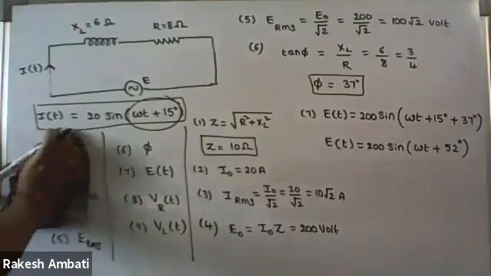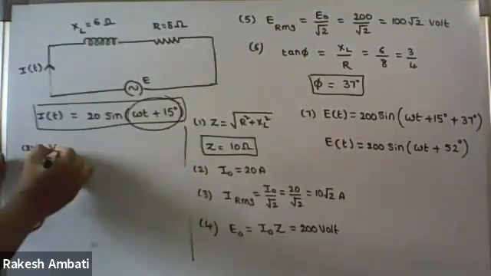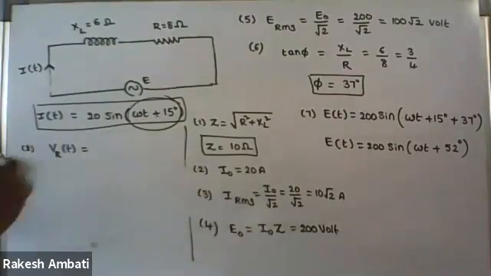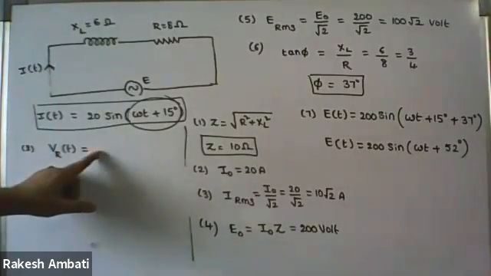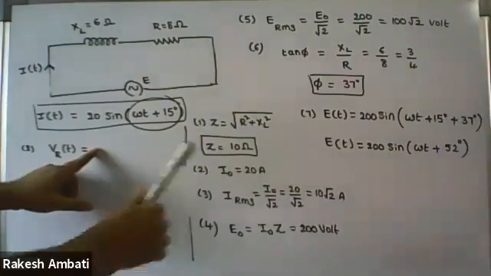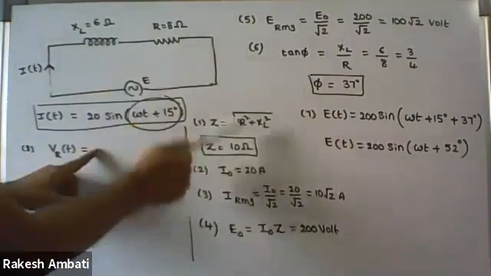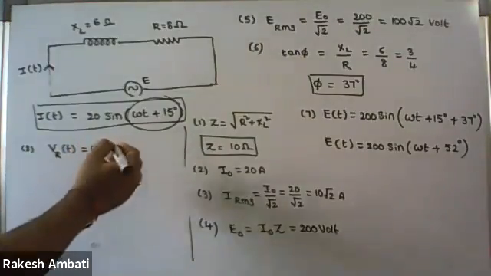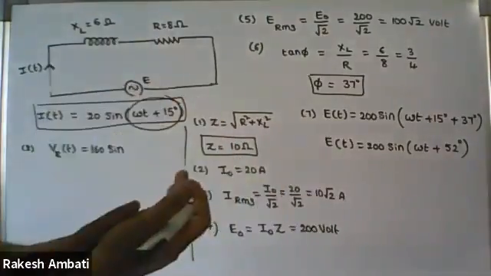Now finding the eighth and ninth questions. The eighth question is VR, the potential difference across the resistance as a function of time. We write V naught, which is I naught into R, 20 into 8, 160. Then sine function of, and you draw the phasor diagram in your mind.